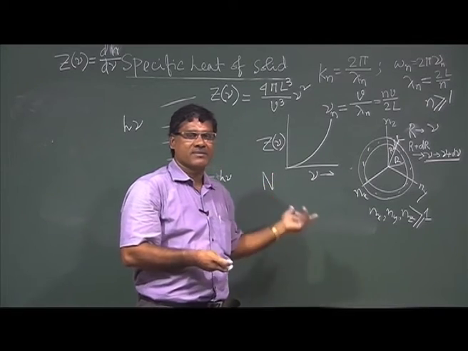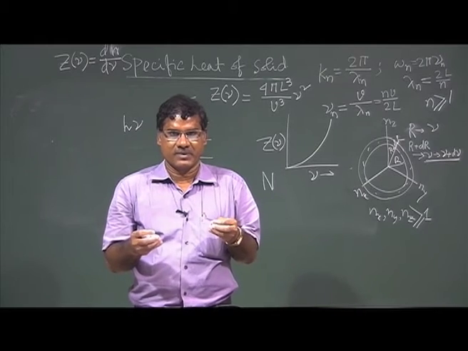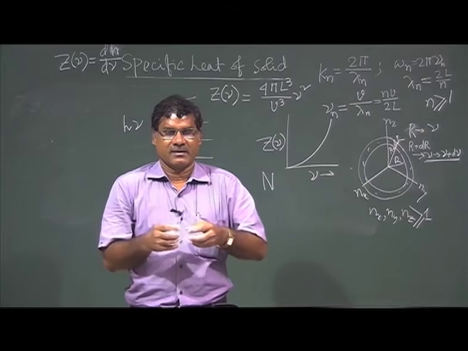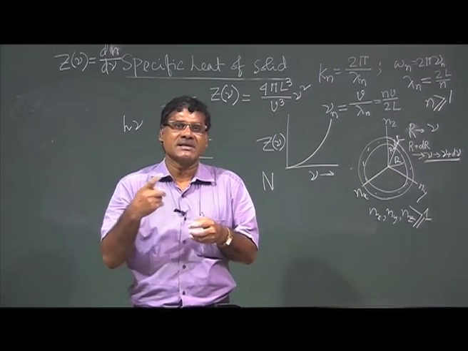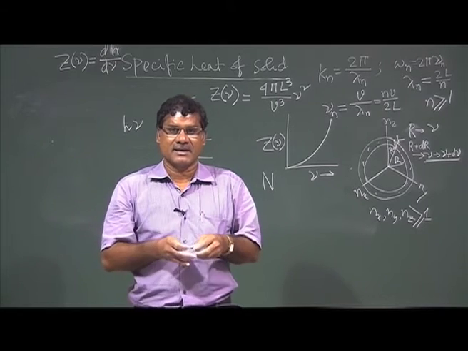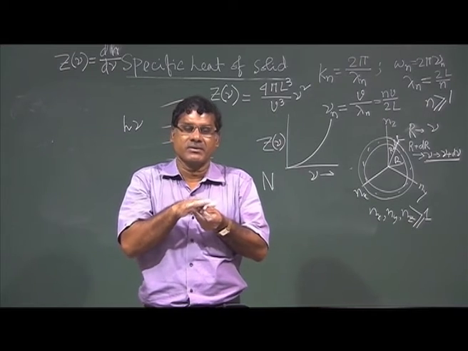As we have seen earlier in the case of Einstein, N number of atoms are there. If it is oscillating like a harmonic oscillator, then the frequency of all oscillators is the same, but they have an energy distribution n h nu.